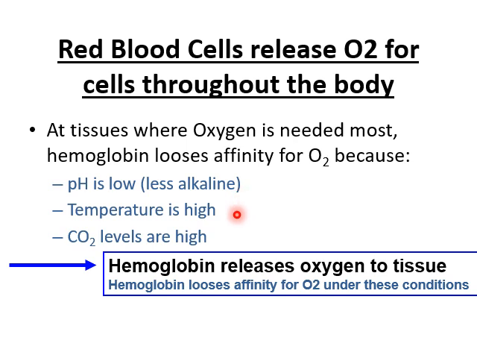The muscle tissues are working, so you've got a slightly higher local temperature, and because the muscles or wherever is working, we're generating more CO2 as an end product, and that is going to release the oxygen where it's needed the most. So hemoglobin loses affinity for oxygen under these conditions. This is an active tissue. That means we're going to dump that oxygen where it needs to be.